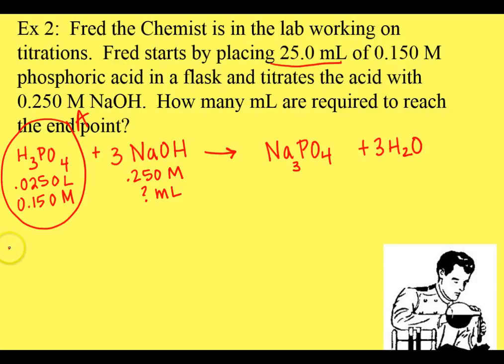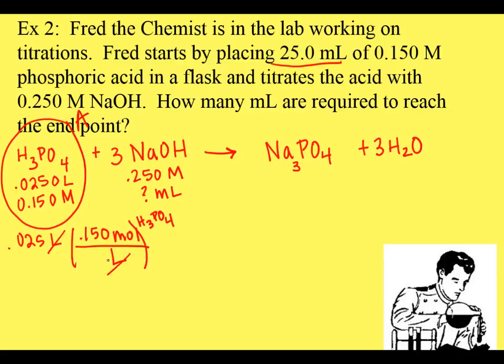So starting with the volume, 0.025 liters. And then the molarity, remember, is a conversion factor, 0.150, but instead of writing it as M, we're going to write it as moles per liter, and I really should write the substance also, H3PO4. Liters will cancel out, and I'll get to moles.